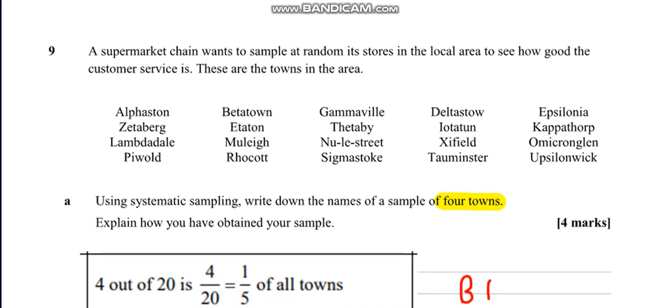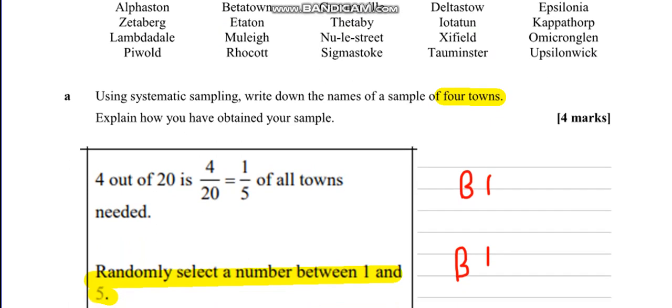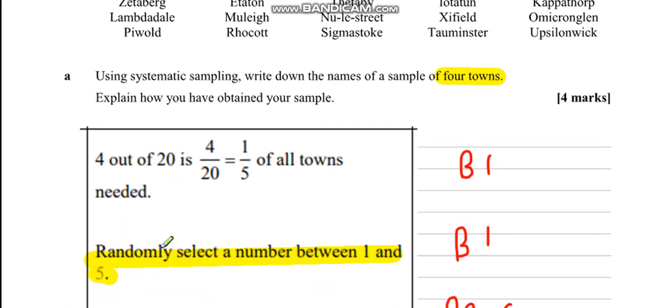So there were 20 towns, so we want a fifth of all towns. So if you do 20 divided by 4, you're picking every fifth. Don't forget that you have to randomly select your first one, but please note this, it's randomly select a number between 1 and 5.